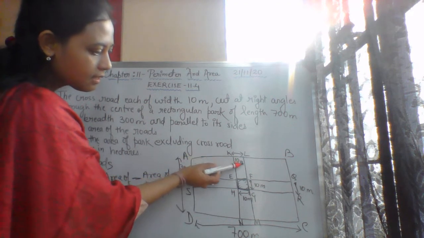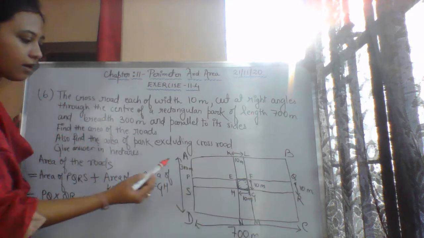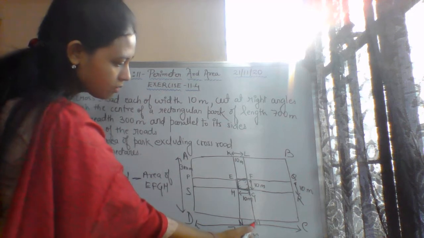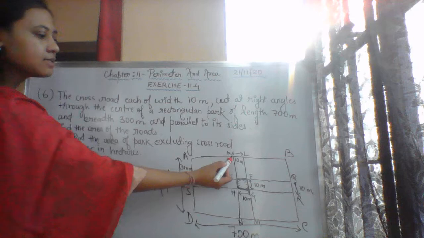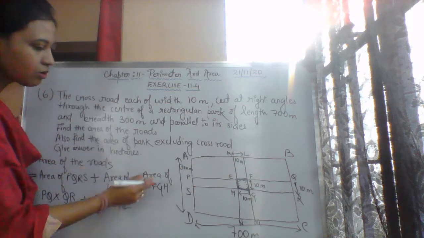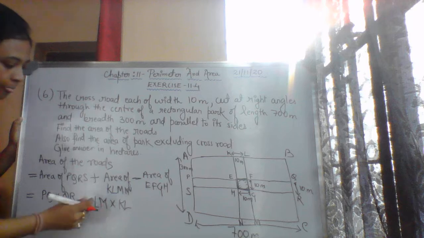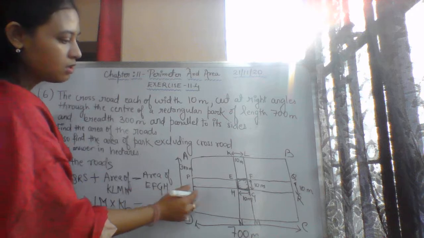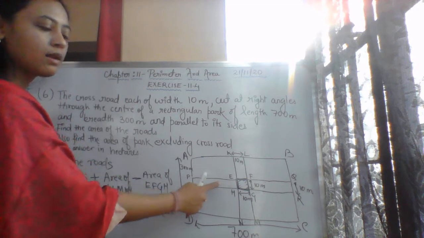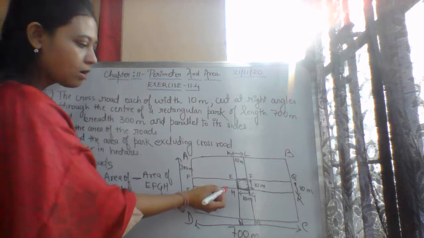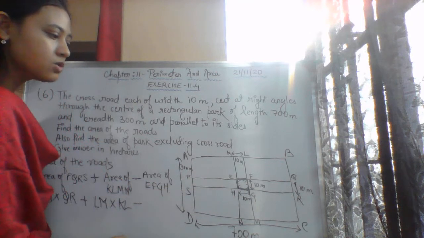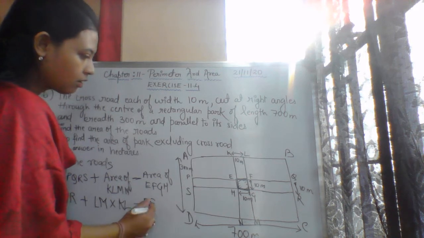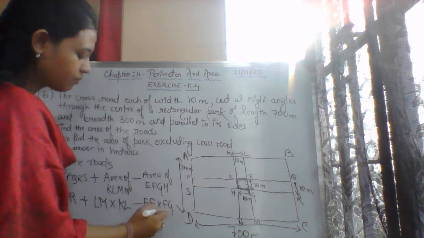Let us consider the length LM, multiplied by its breadth, NM, or you can consider KL also. You can take any because opposite sides are equal in a rectangle. Minus area of EFGH. You can easily see it is a square because all sides are equal, so you can write side into side: EF into FG.